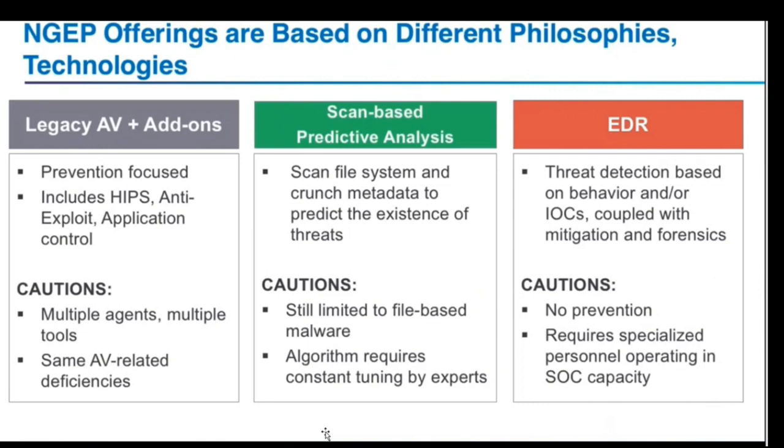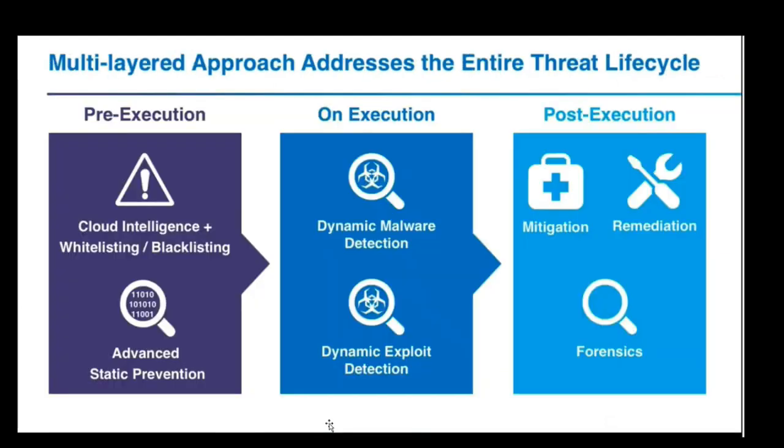Of course, if you do that with multiple vendors, that's going to be expensive and complicated to manage. If we distill that into the principles, what we then have is the approach of pre-execution, on-execution, and post-execution processing. In other words, prevention, detection, response, the security triangle.